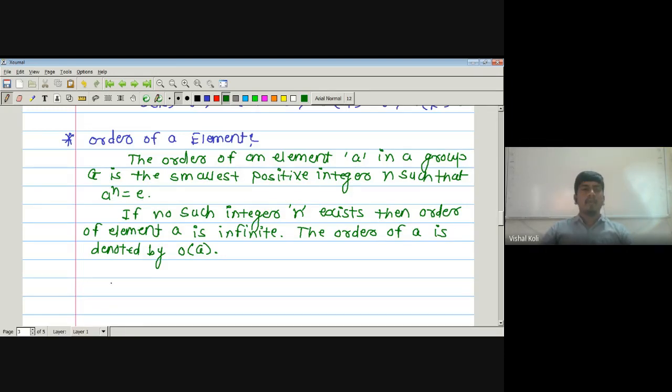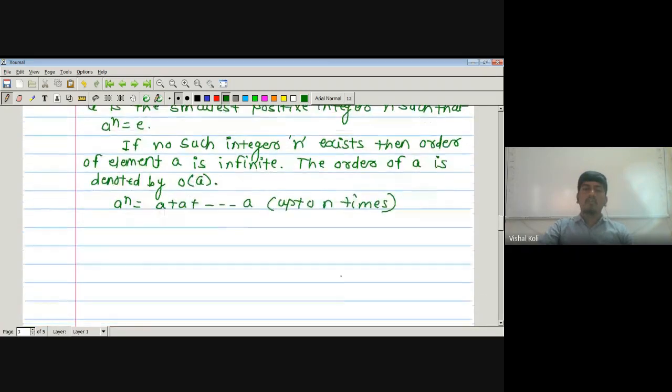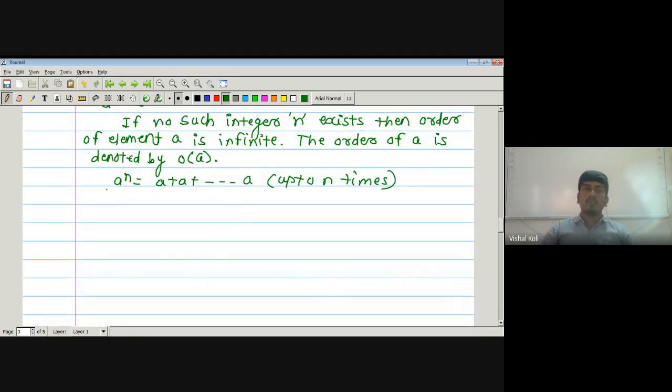And this a to the power n, with respect to addition, is nothing but a plus a plus, and so on, up to n times, if the set is a group with respect to addition. If it is with respect to multiplication, then a to the power n is nothing but a into a, and so on, up to n times. For addition, it is the addition of that element n times, and for multiplication, the multiplication of that element n times.